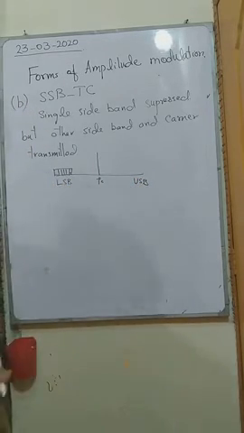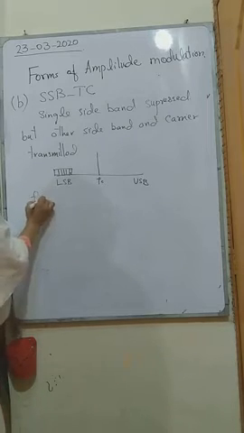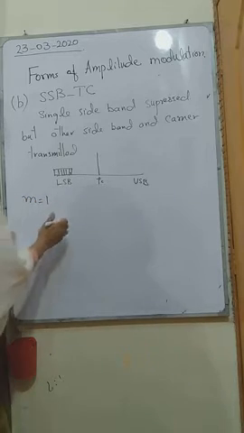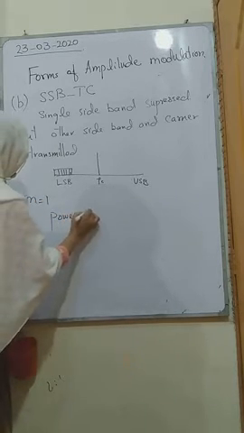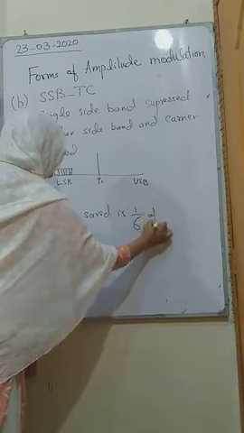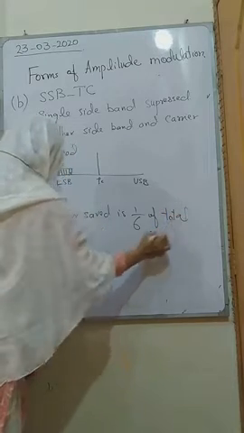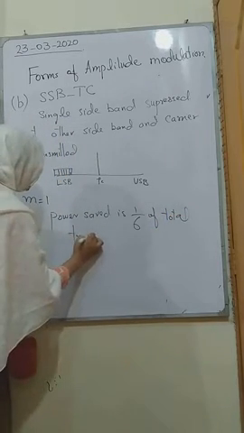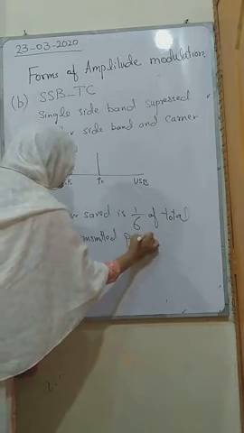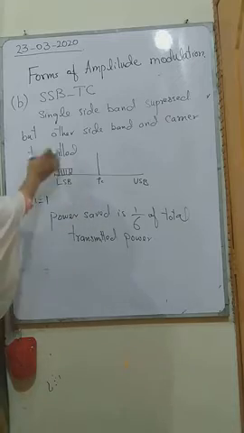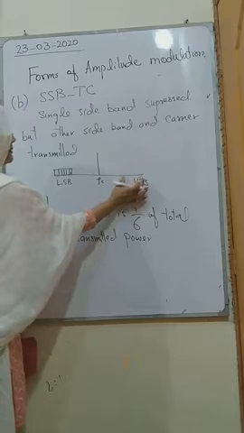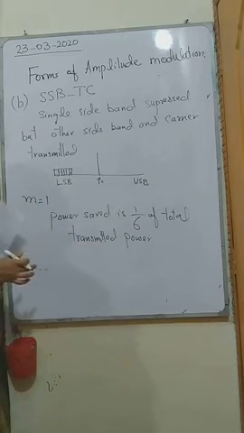When the upper sideband is suppressed for m equal to 1, the power saved will be 1/6 of the total transmitted power. So from this option we can see that less power is saved by eliminating a single sideband.